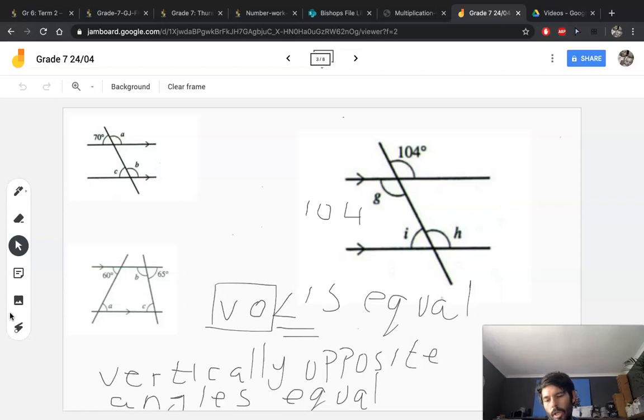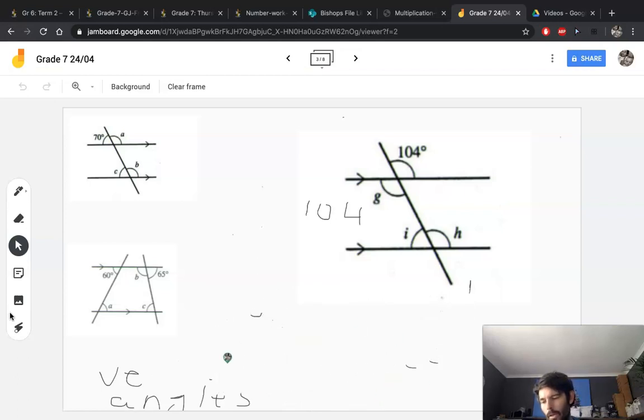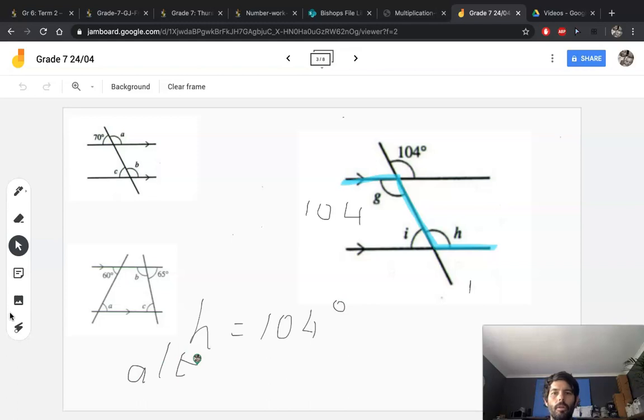If G is equal to 104, then we can have a look at some parallel angles. If we have a look here, there is a Z. So we know that H is going to be equal to 104. You would write H equals 104 degrees, and then your reason would be alternate, abbreviated as ALT, alternate angles are equal.